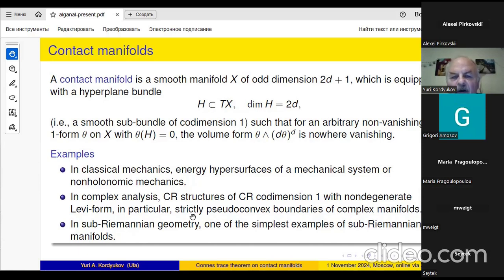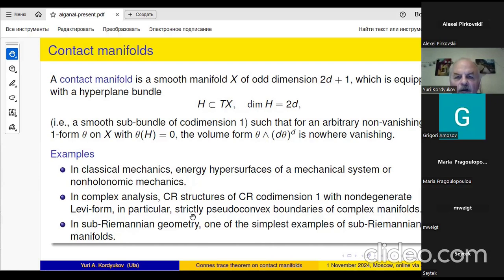And in this theory, the Heisenberg group appeared as a model for the boundary. There are so-called Chern-Moser normal forms, which say that this boundary can be approximated by the Heisenberg group.